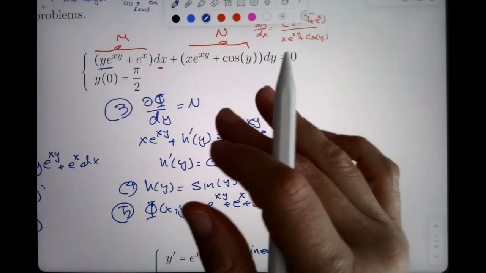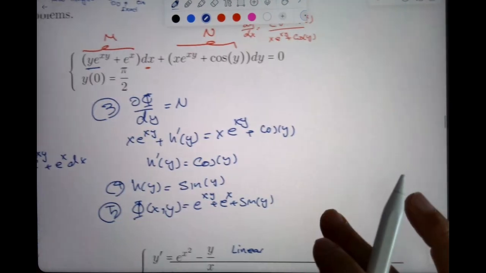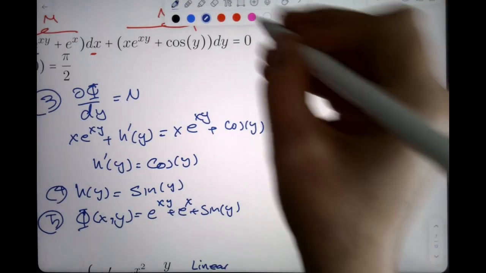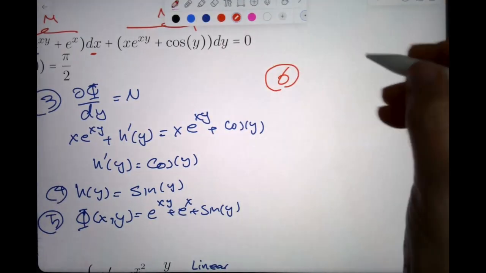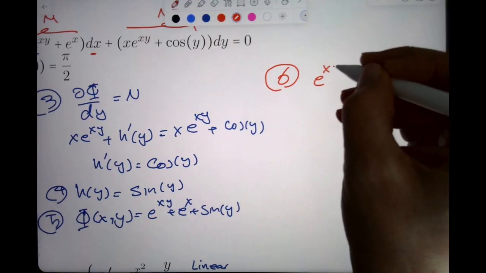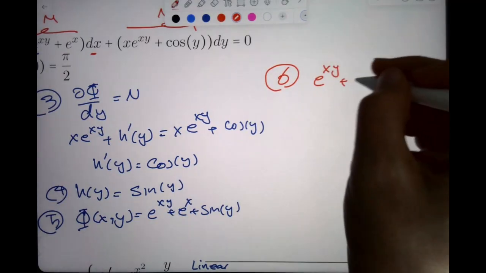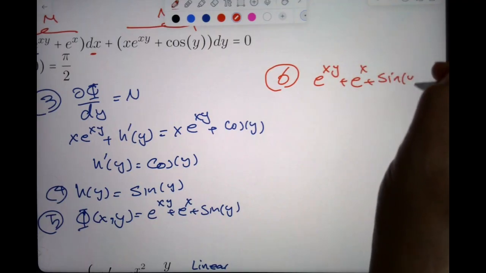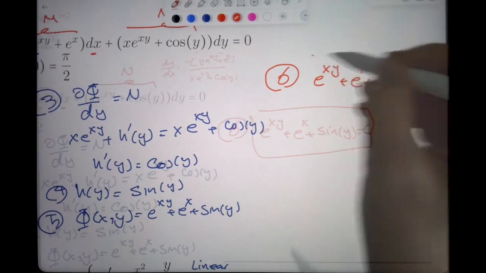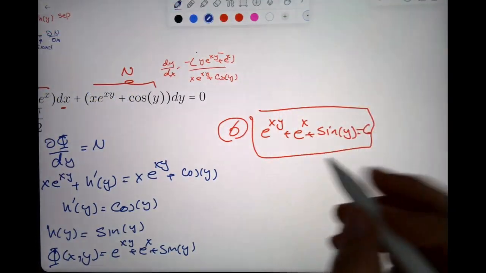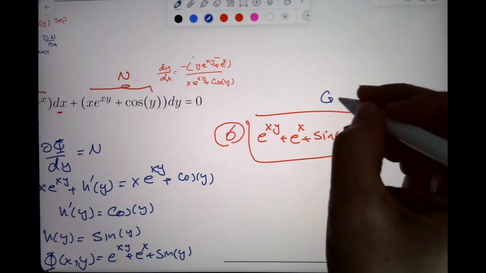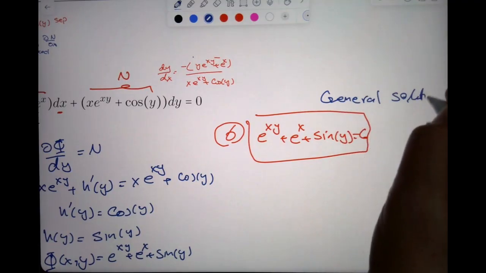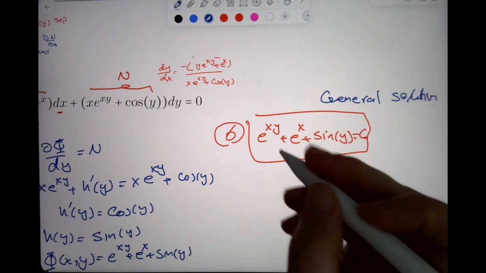And a solution is a level curve of this potential function. So the solution is a level curve, which means you set this equal to a constant. And so this is the general solution. It's not explicit, but that's fine.